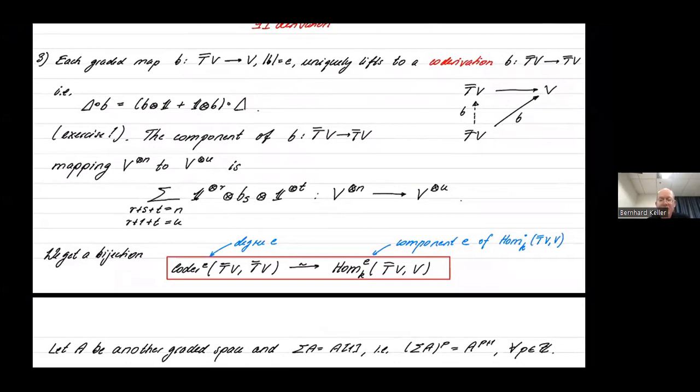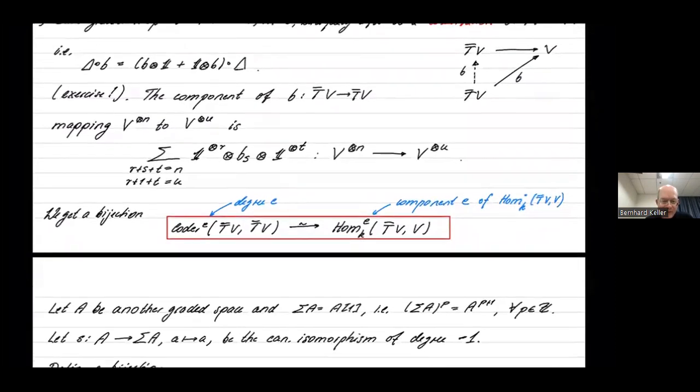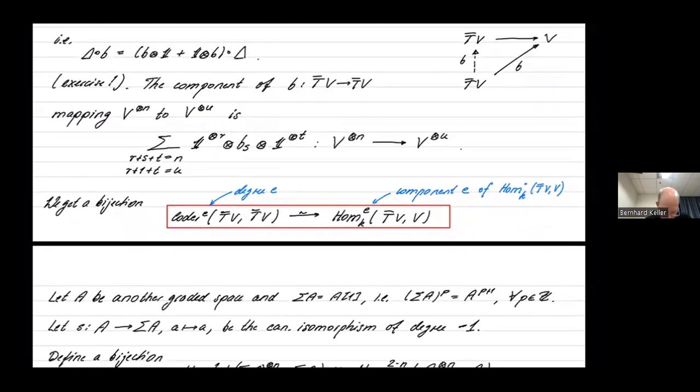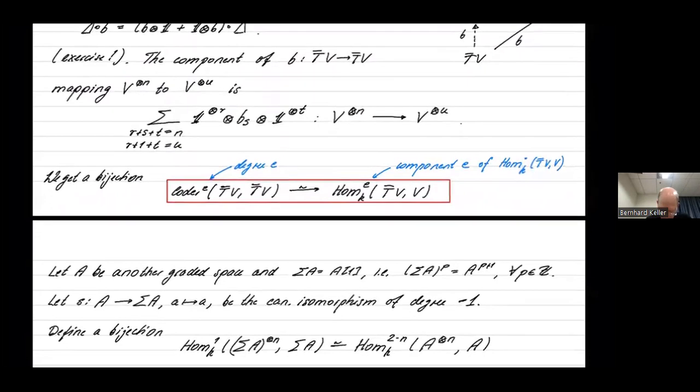So this will allow us to transform the Mn's into certain Bn's, which will fit together to form a co-derivation. And now we also want to get rid of the signs. So here is what we do to get rid of the signs.